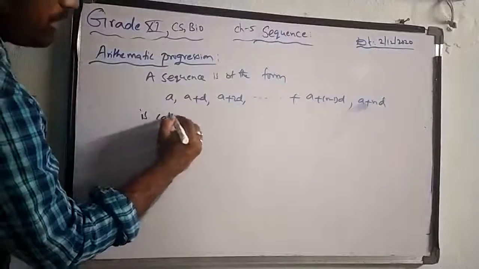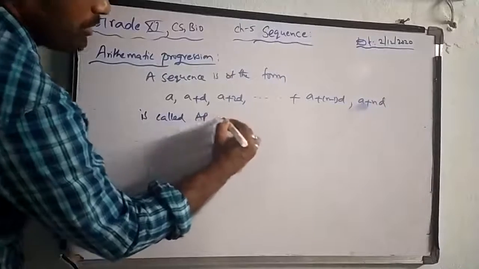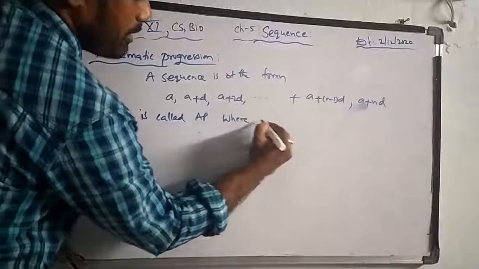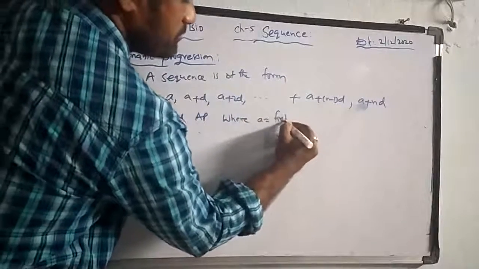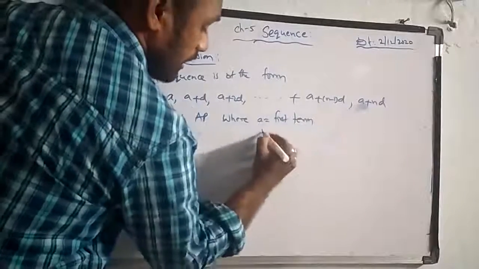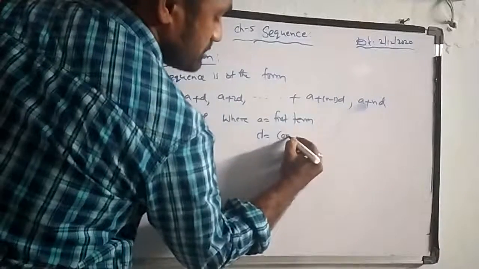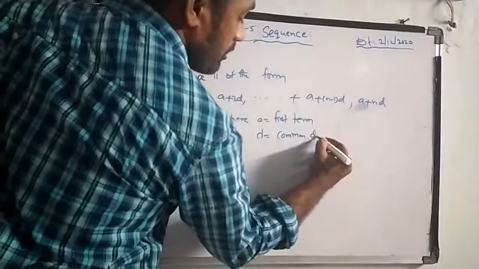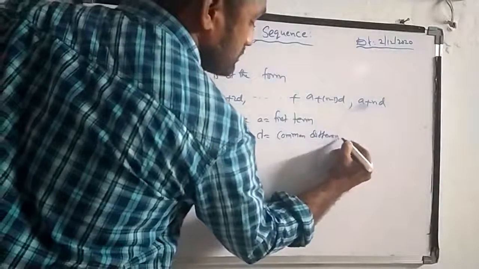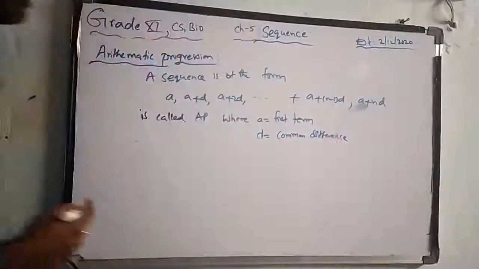It is called an arithmetic progression where a is the first term and d is the common difference. How do we get the common difference?